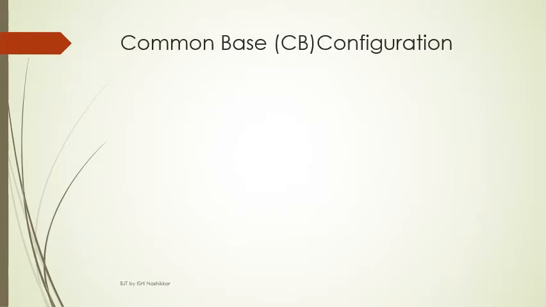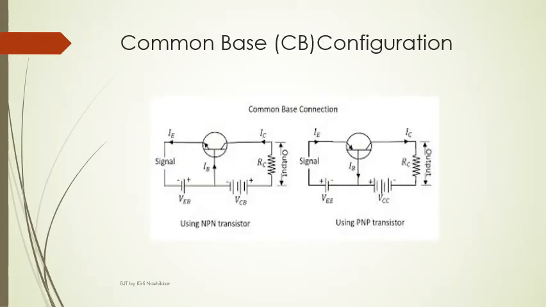As we know, in the case of common base configuration, we have to make the base terminal common. As you can see in the circuit diagram, this is for NPN transistor and this is for PNP transistor. In both cases, the collector terminal is the output terminal and the emitter terminal is the input terminal.